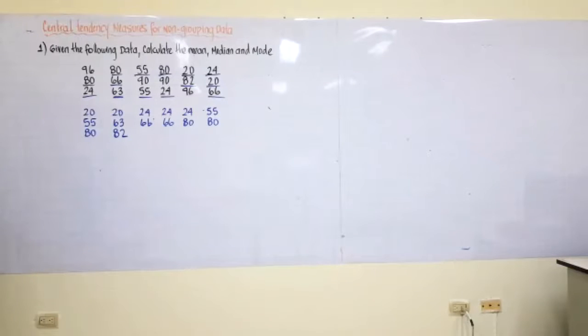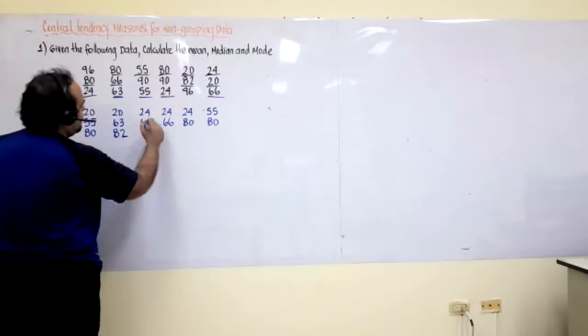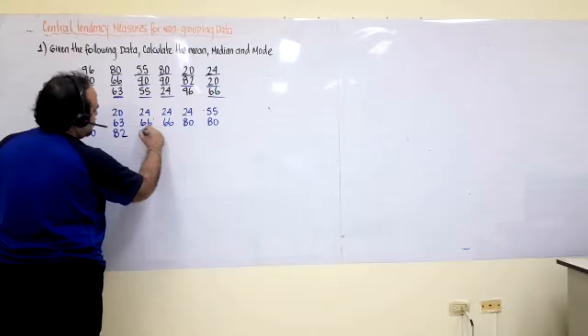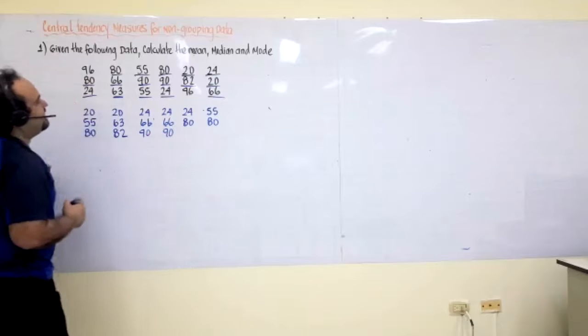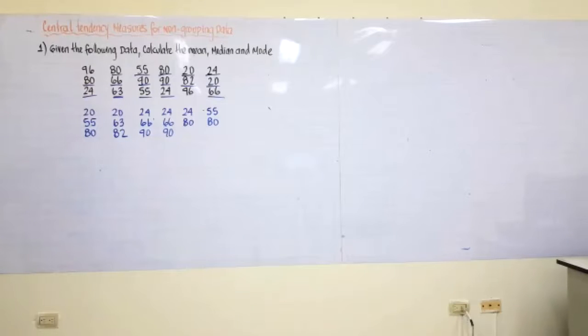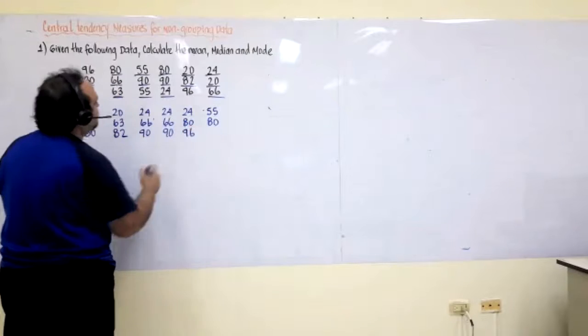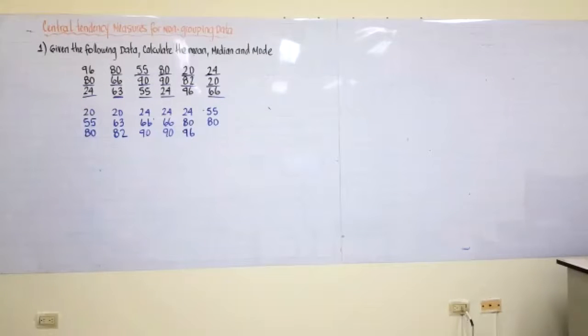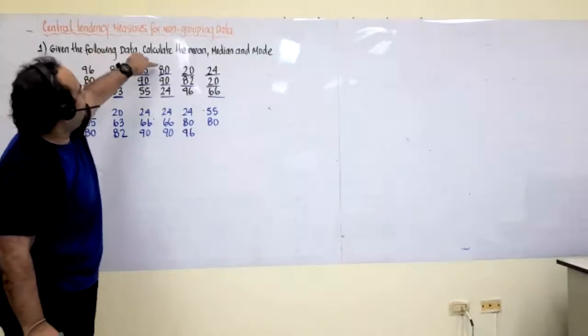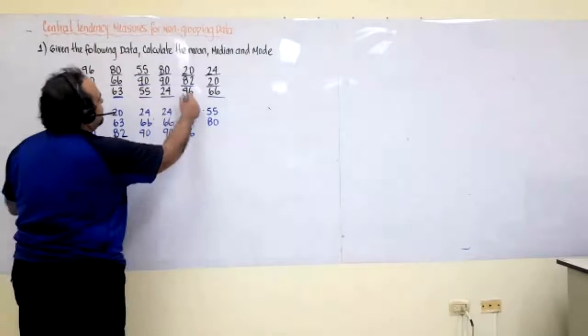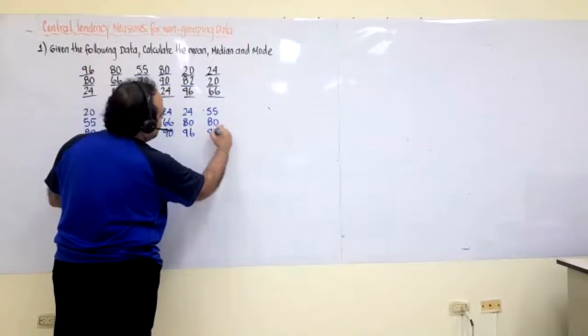After 82, that will be 90, 90, 90, 90, 90. After 90, ¿qué nos queda? A ver, 1, 2, 3, 4, 5, 6. 96, pero nos hace falta un numerito. Nos hemos comido un número. Deberíamos tener 96 twice. Yeah, yeah. Thank you very much. 96 also.